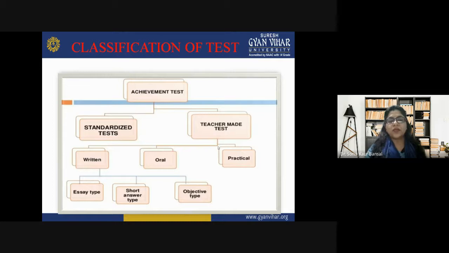Written teacher-made test is again divided into three parts: essay type, short answer type, and objective type written teacher-made test. This is how the teacher evaluates the students after teaching the concept in the classroom.